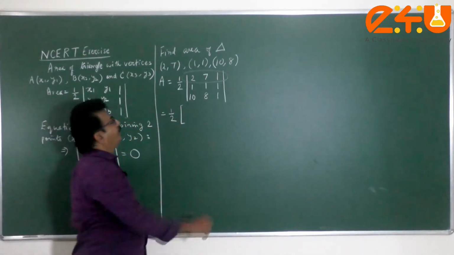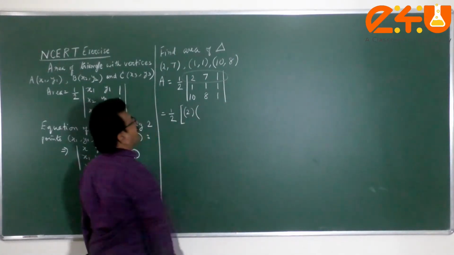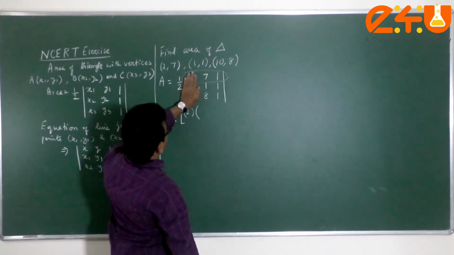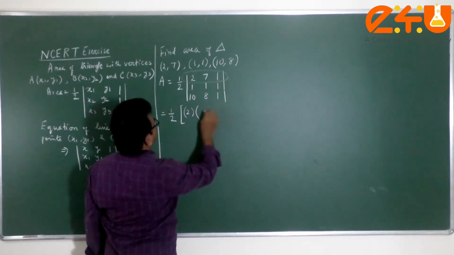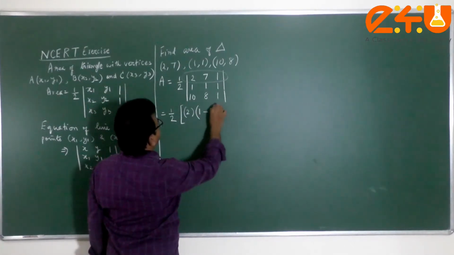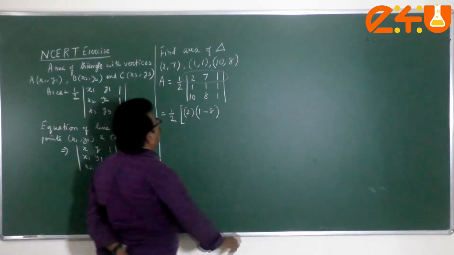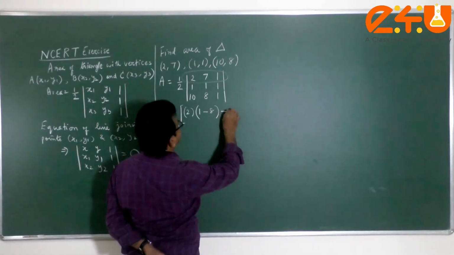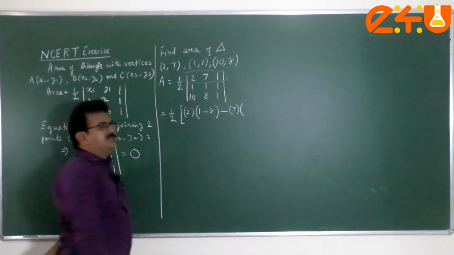So as a customary procedure, let me choose row 1. So the A11 element is 2. The corresponding cofactor will be obtained by ignoring column 1, row 1, which is 1, 1, 8, 1. So it is 1 minus 8. Followed by the next cofactor, which is made of a negative sign. Element A12 is 7.